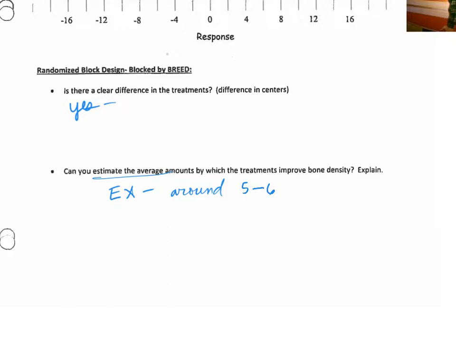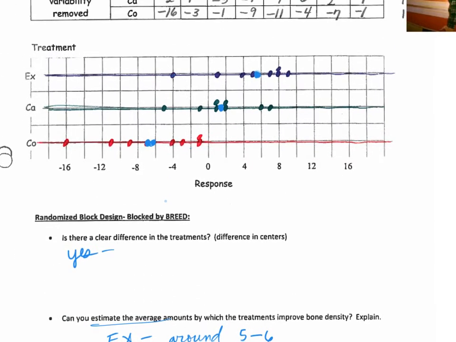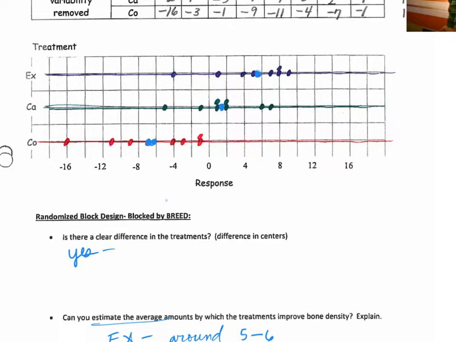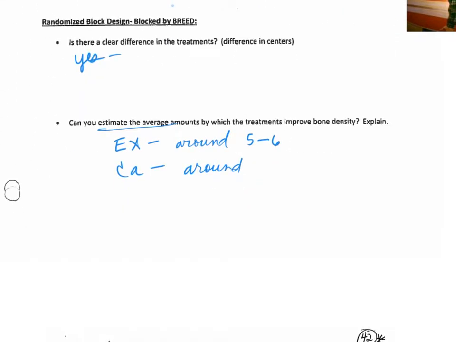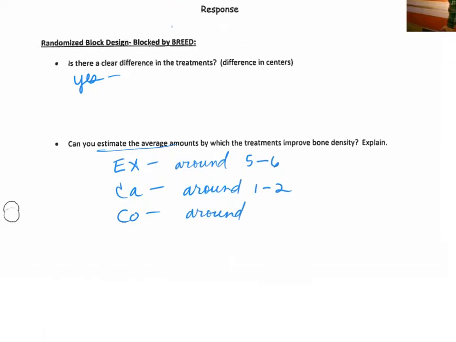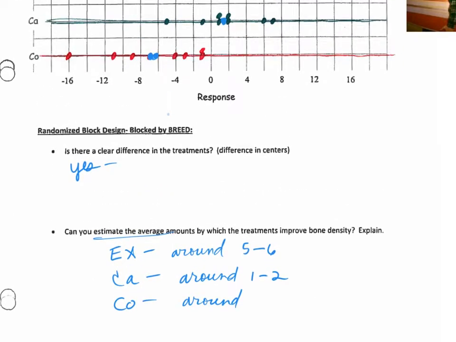Oh, yeah. Okay, and the calcium had a center located around 1 to 2. Okay, around 1 to 2. And the control group had a center around negative 6 to 7.